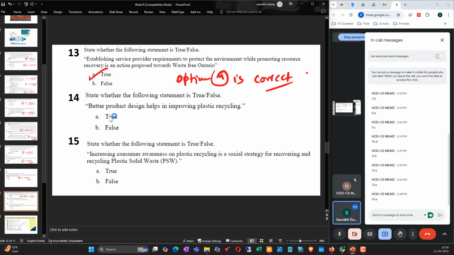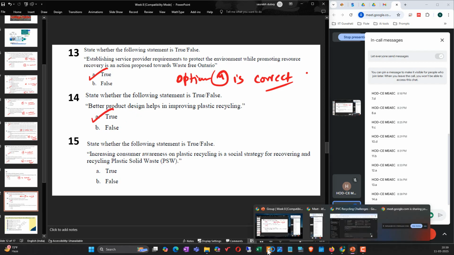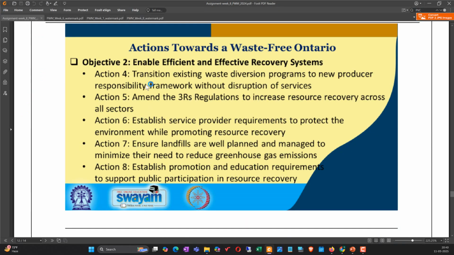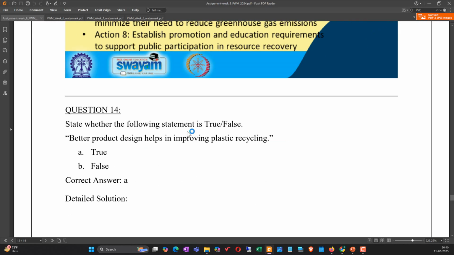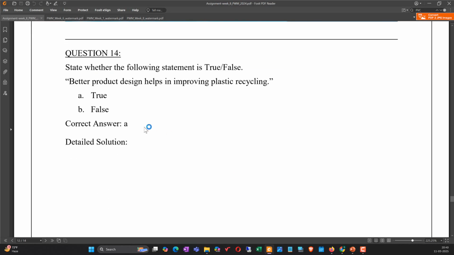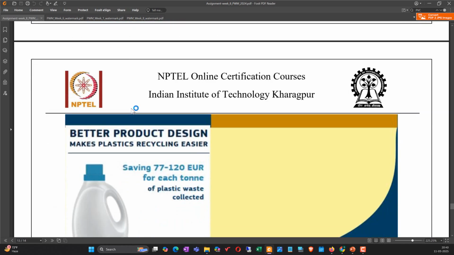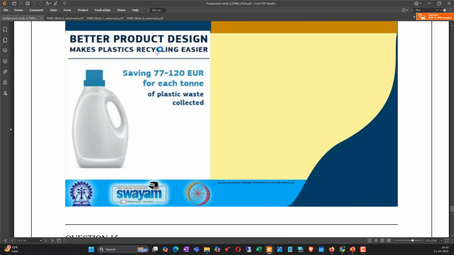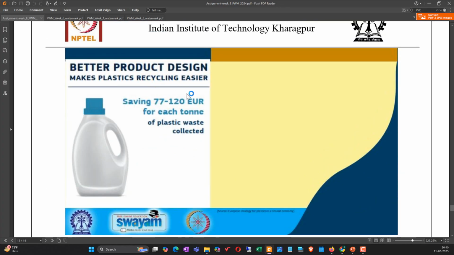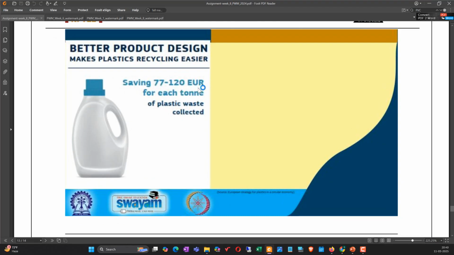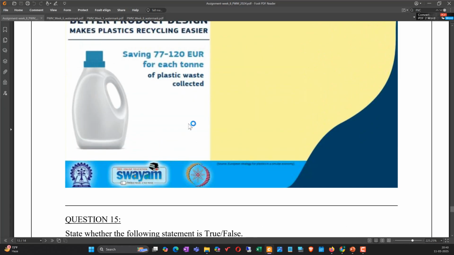Okay, so this one is true. So the answer to this, let me just open it. Yes. The correct answer is A. Better product design is A, and the solution to this is that better product design makes plastic recycling easier, saving 77 to 120 EUR for each ton of plastic collected, right? So that is one thing.